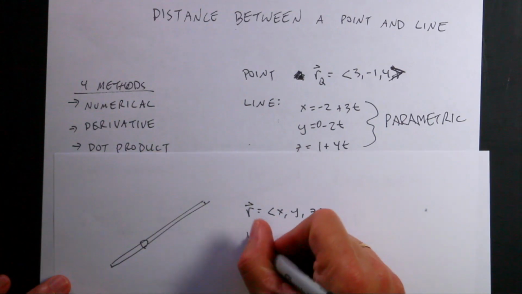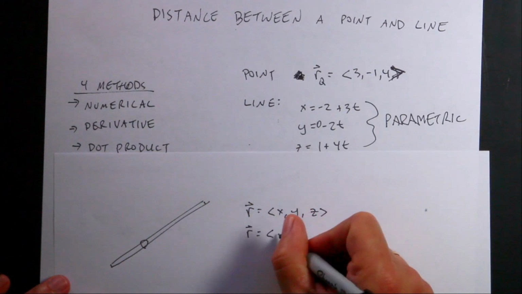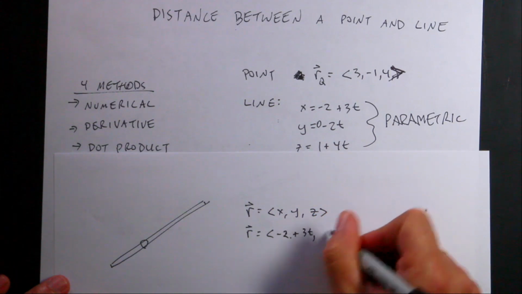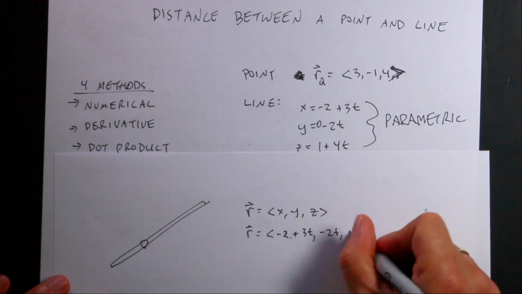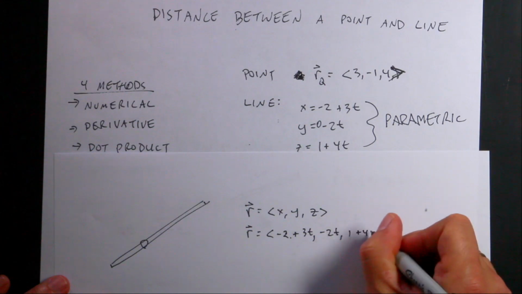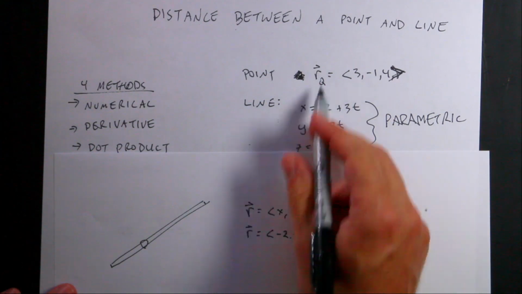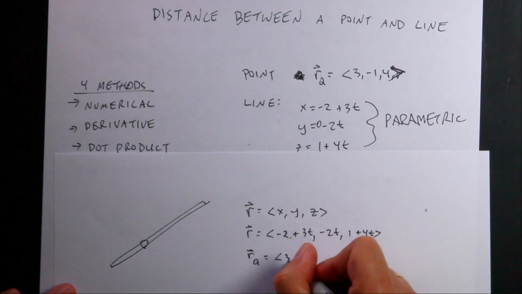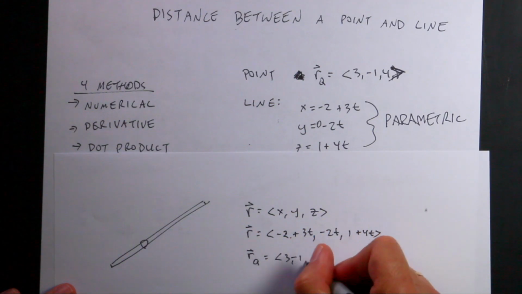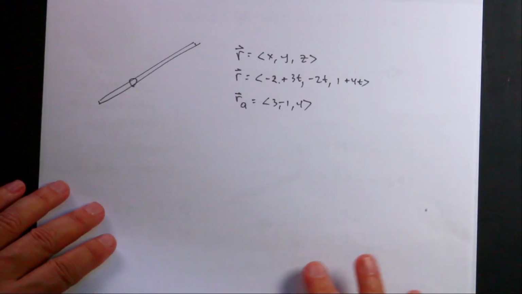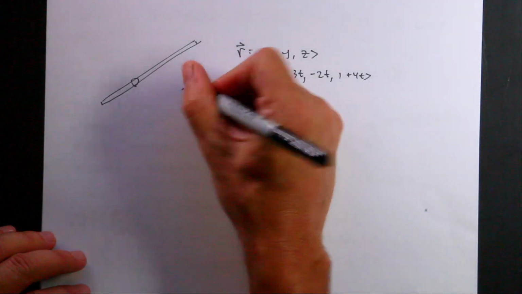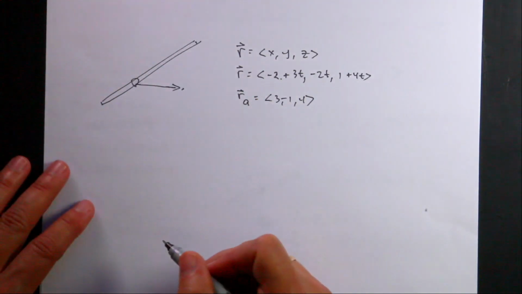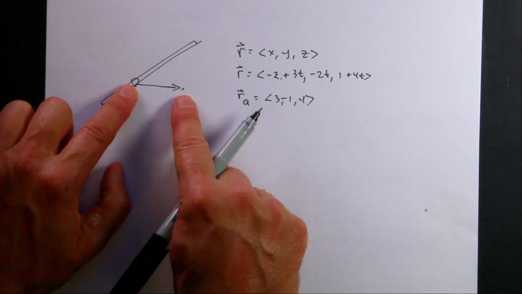So I could say R is going to be equal to the vector -2 plus 3t, -1 minus 2t, 1 plus 4t. And then my point, RQ, is equal to 3, -1, 4. So here's my point, and I'm going to find this vector D and take the magnitude of it. Really, I'm just finding the distance between these two points.